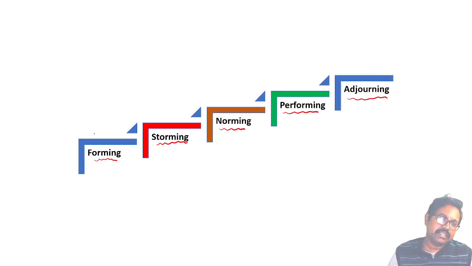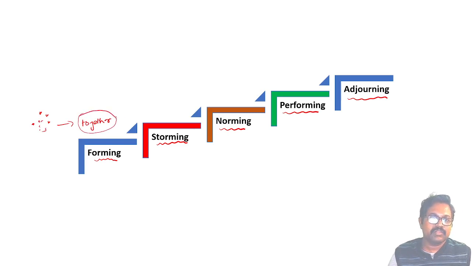In simple terms, forming means the group of people will come together. Once the group is formed, the next stage is the storming stage. Usually in the storming stage there will be more conflicts.